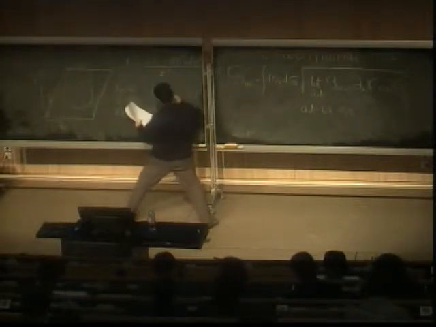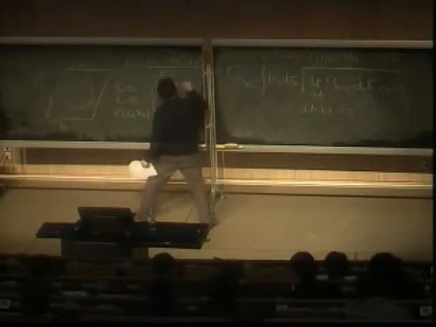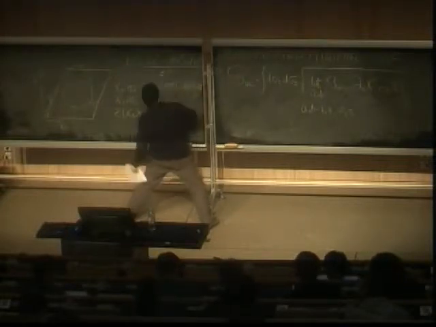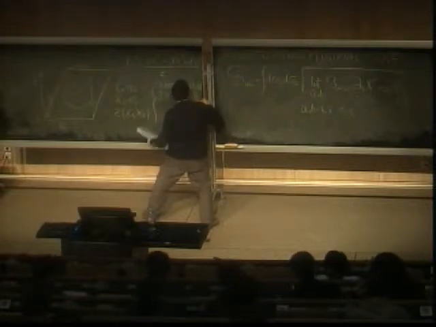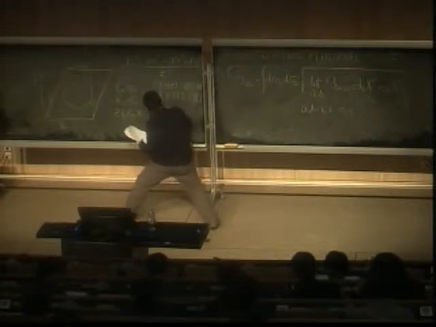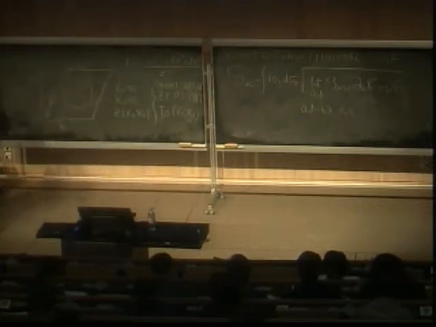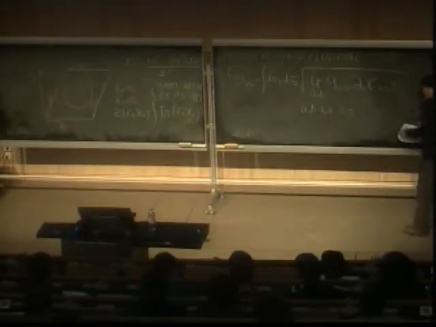So this means that we parameterize the surface by its projection to the x1, x2 plane. Is it clear what I mean? Okay, very good. So now, with this choice, we come to this action here.